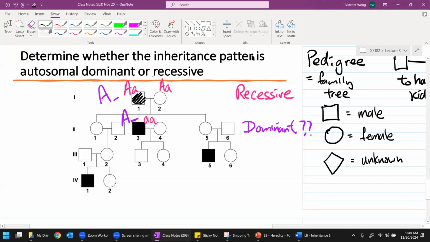But he's not. So that means the dad doesn't have the big A. Well, could the big A have come from the mother then? No, because if the mother had the big A, and this is a dominant trait we're looking at, the mother would also be shaded in. Which means it is impossible for this to be a dominant inheritance pattern.